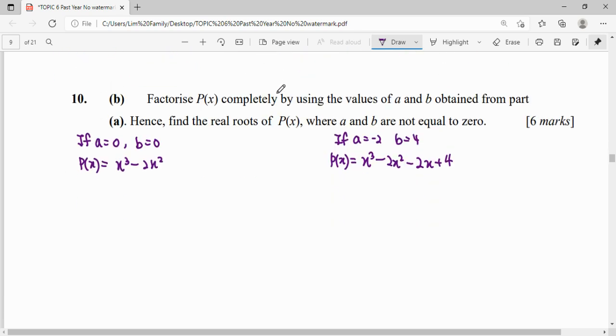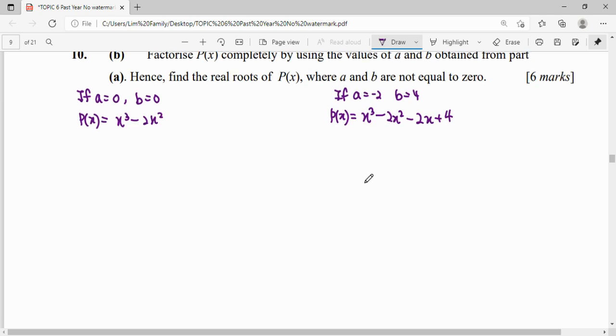So I have to factorize completely using this a and b obtained from part A. This is my first task: factorize these two polynomials completely.